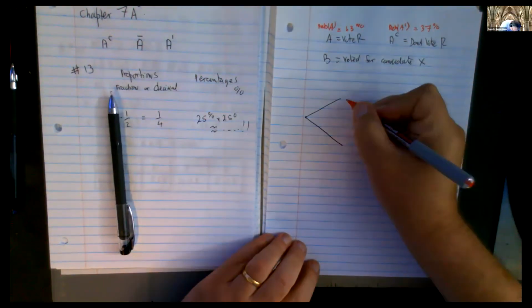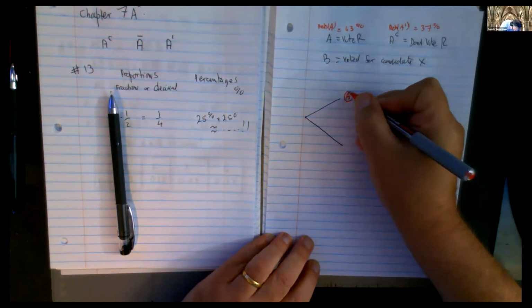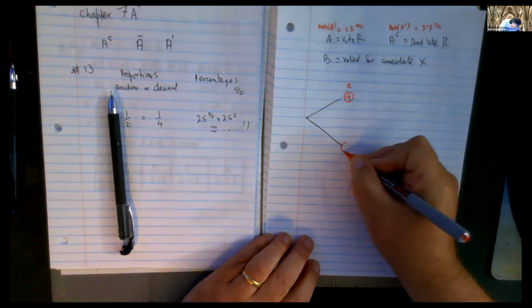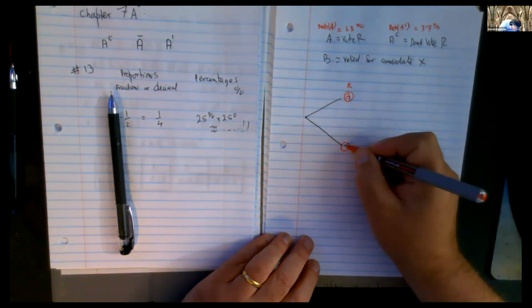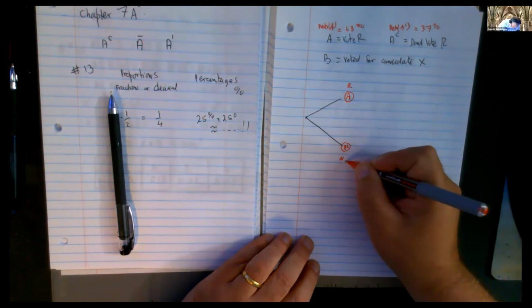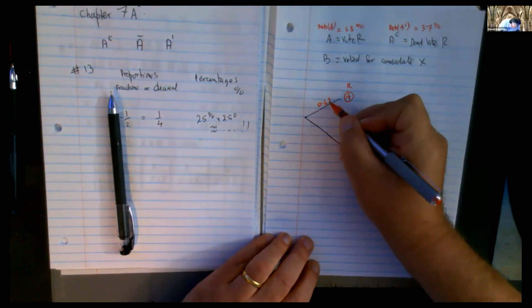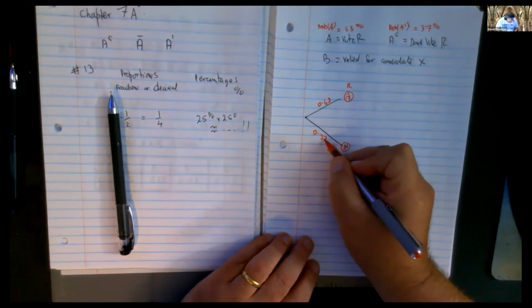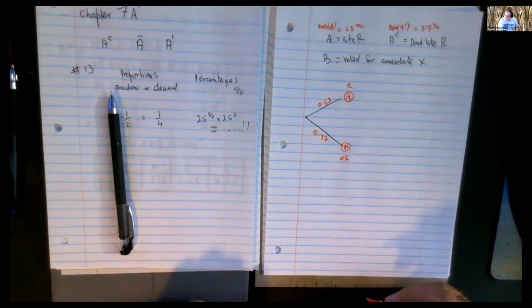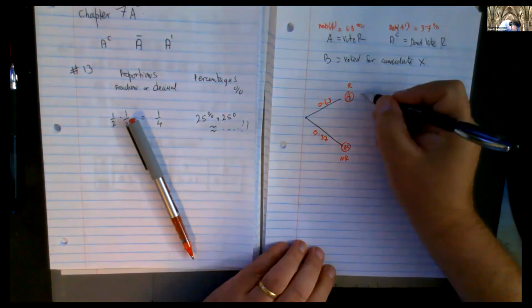The first thing is that you're either a Republican, A, or you're not a Republican. And the Republican is 0.63. Notice I'm in decimals now. And the other branch is 0.37. So far, so good.